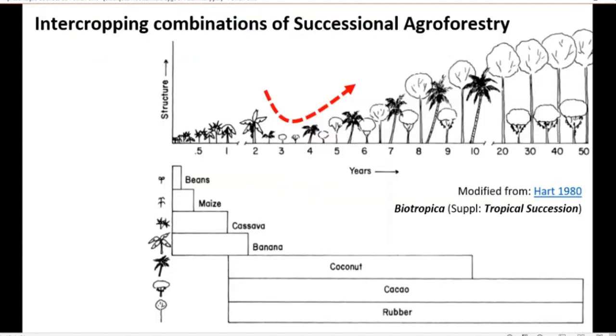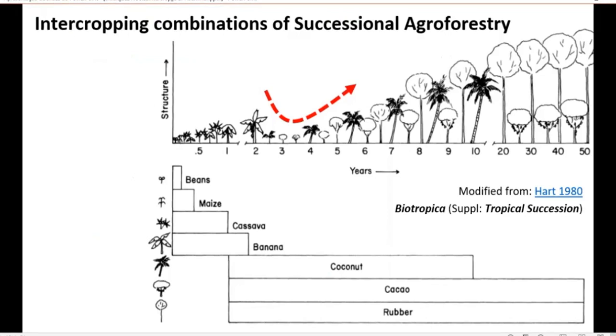Now, when we're looking at this over time, over several years, what we frequently find is that after a couple of years, we get a drop in productivity because those herbaceous crops and shrubby crops are harvested and then leave open a gap when the trees are still seedlings or only planted at a later stage, as frequently observed in those more commercial successional agroforestry systems.